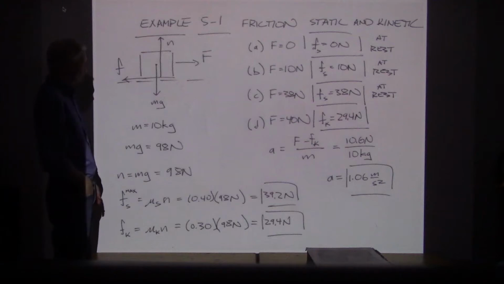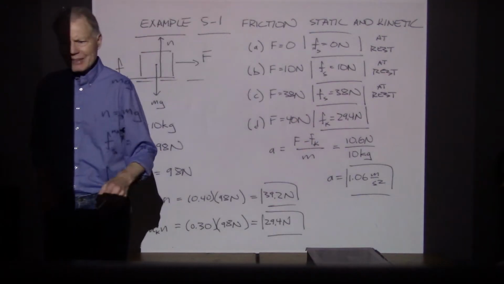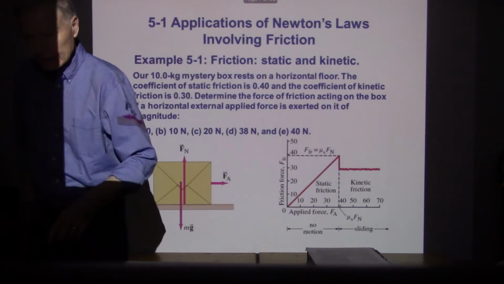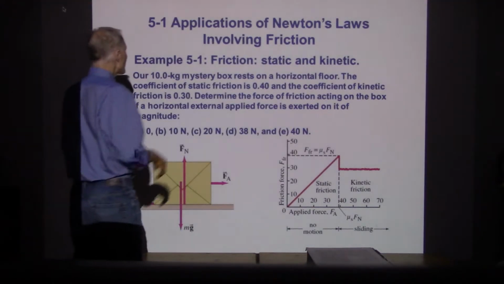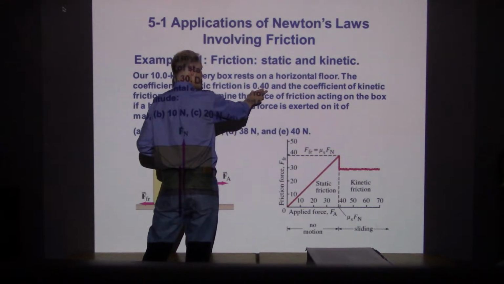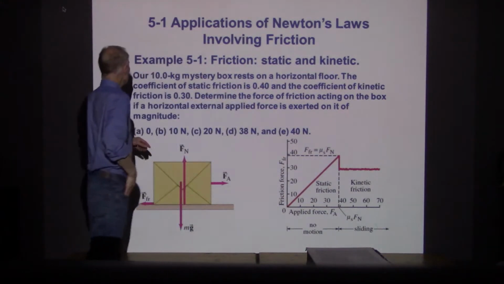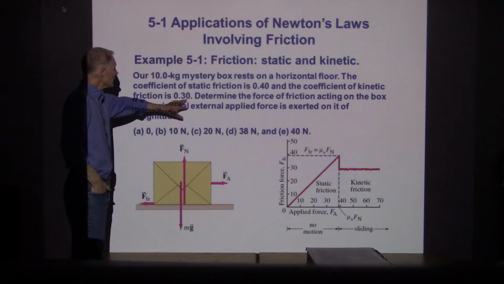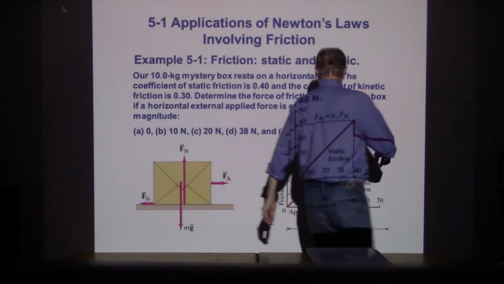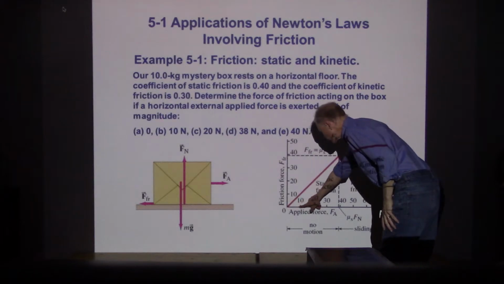Now, I didn't write those down anywhere. I should have. Let me go back and remember: the coefficient for static friction, mu sub s, is 0.40. Mu sub k is 0.30. And so what we've seen here is that we've been applying a larger and larger force.